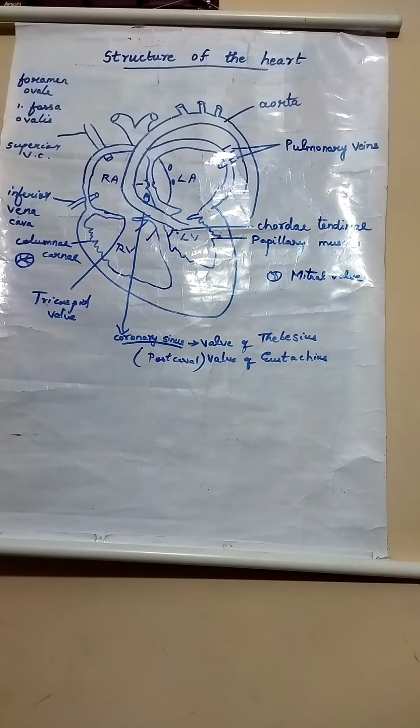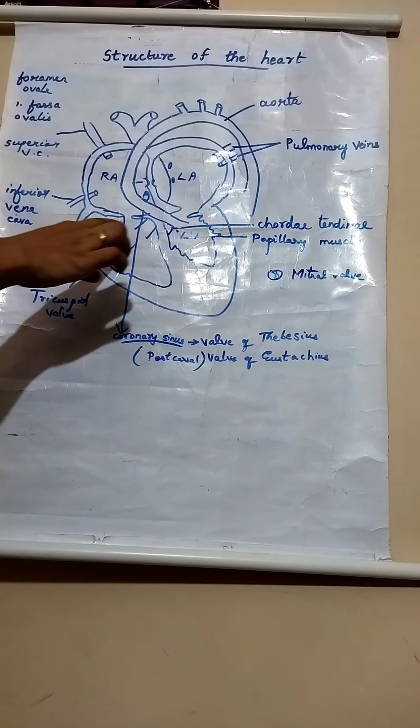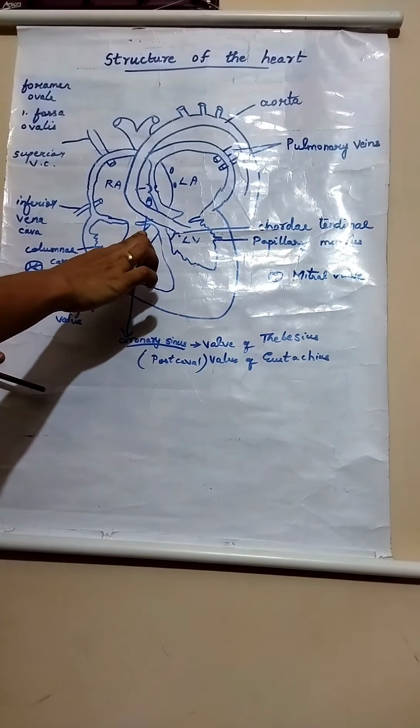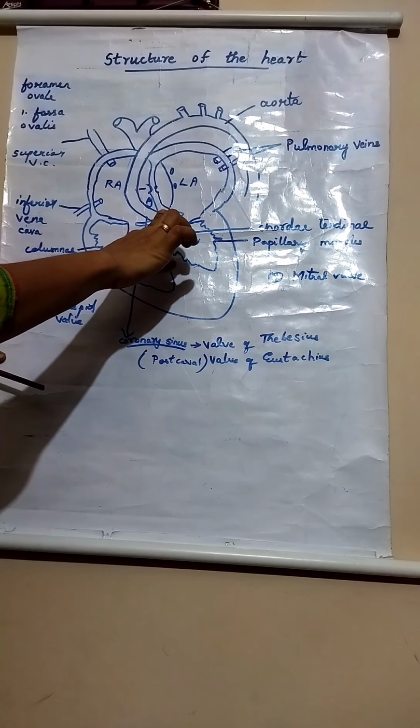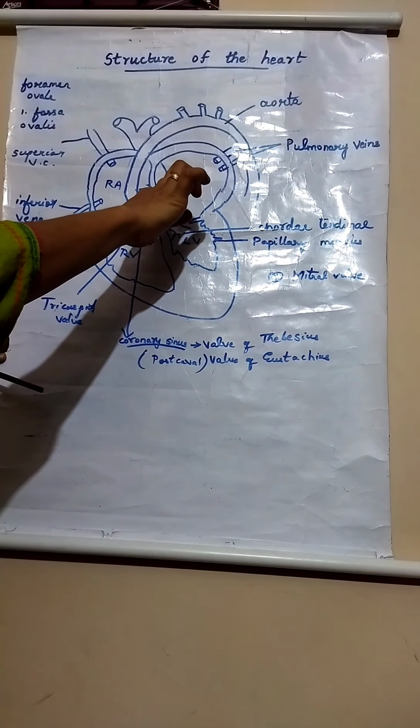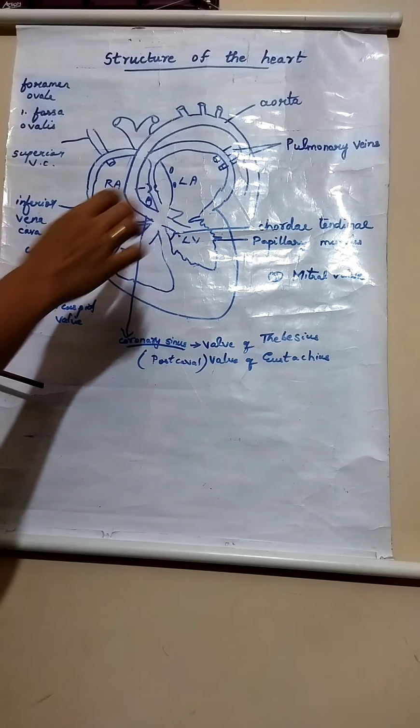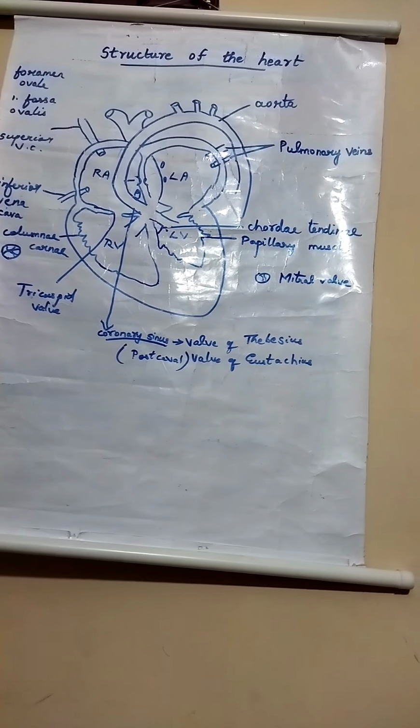Whereas the deoxygenated blood from the right ventricle, so this is the route from the right ventricle. Yes. So this is the route that it is going to follow.